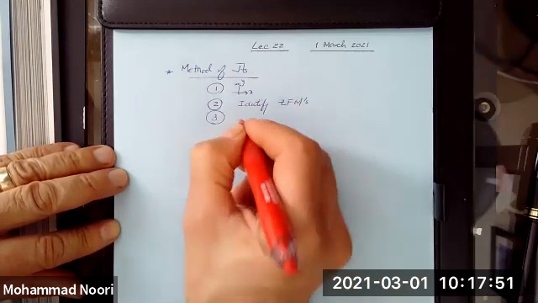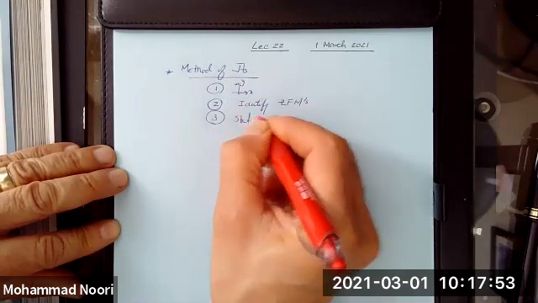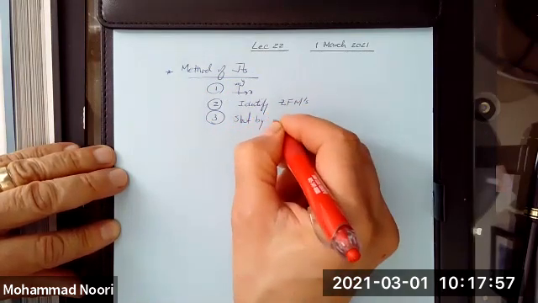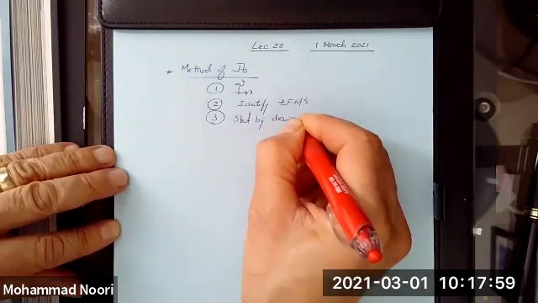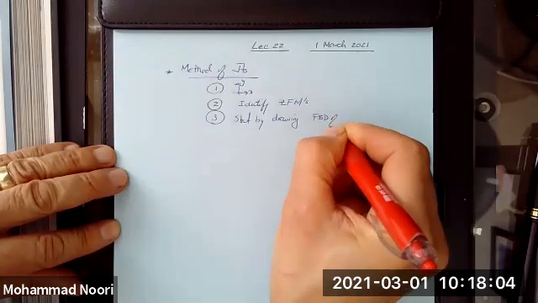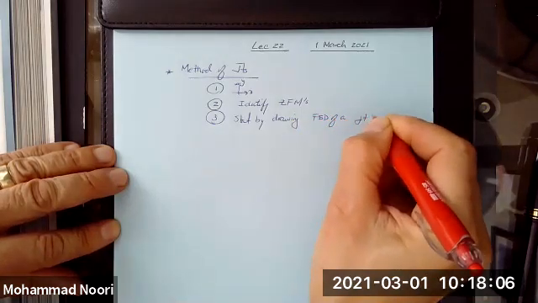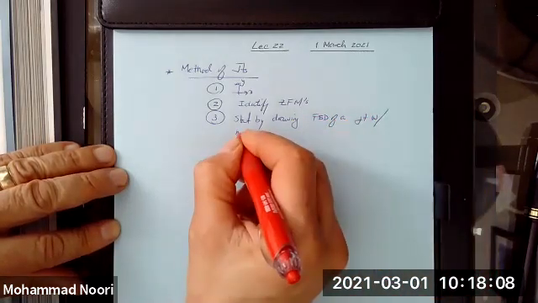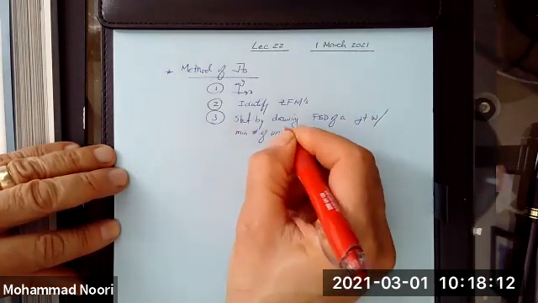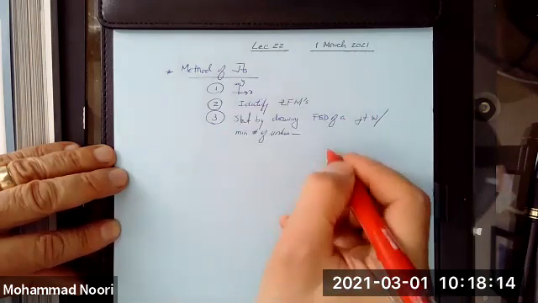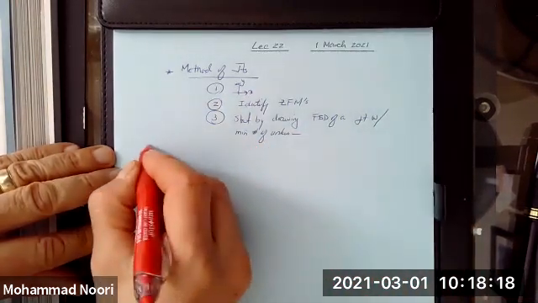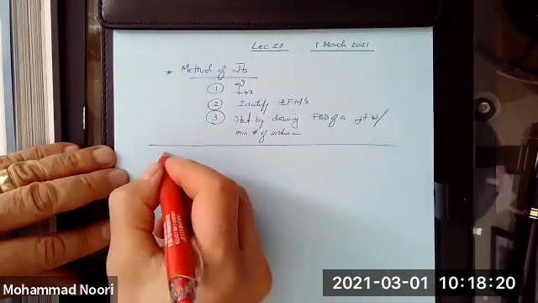Then you start by drawing the free body diagram of a joint with the minimum number of unknowns, solve for all those unknowns, and repeat the process, okay?